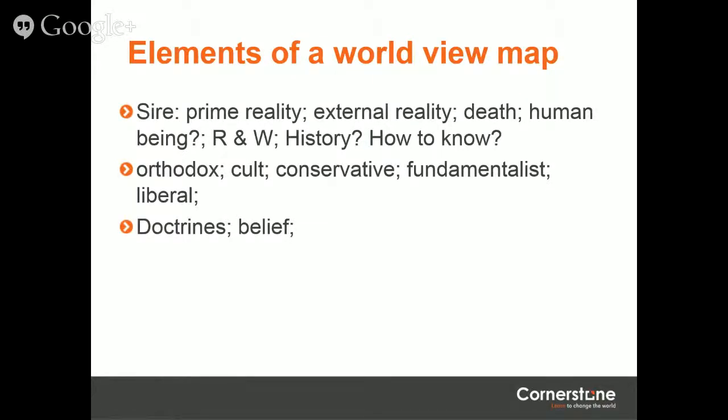Every worldview, whether it says it or not, has a set of doctrines and also a belief system. Doctrines are usually found where they are written down, but sometimes the doctrine can be extracted by looking at how people behave or what they do over a longer period of time. Belief is what the personal belief statements are of the people who are within that worldview.